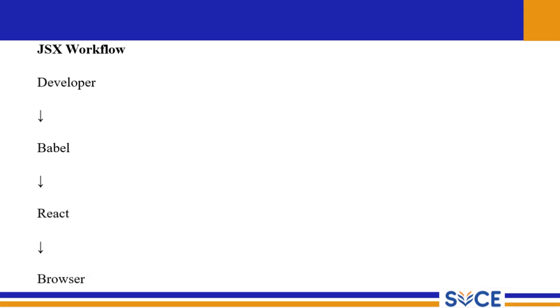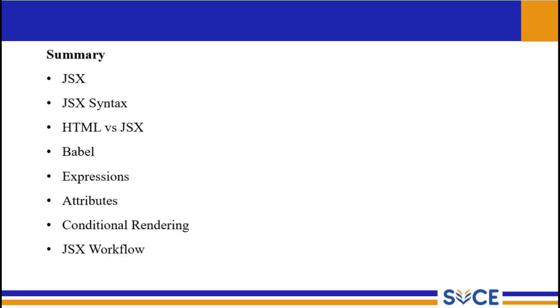We learned that JSX, or JavaScript XML, is a syntax extension that allows developers to write HTML-like code inside JavaScript. We discussed why JSX was introduced and how it simplifies user interface development compared to using createElement directly.